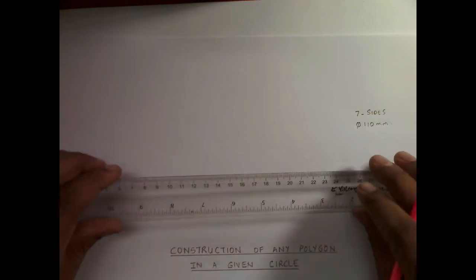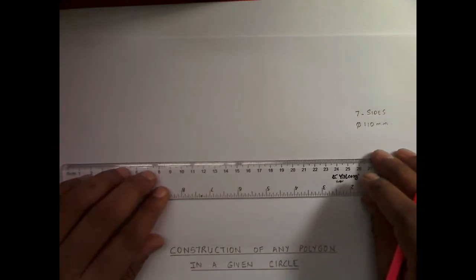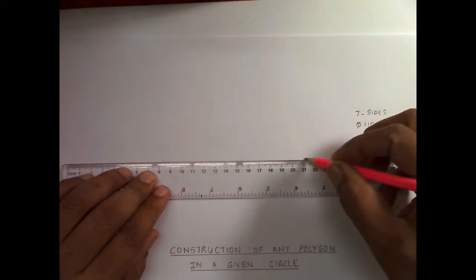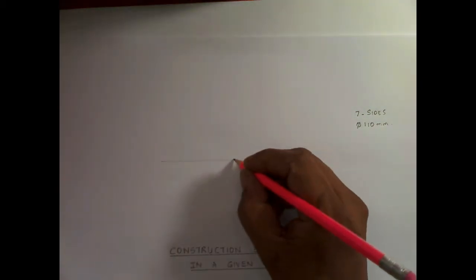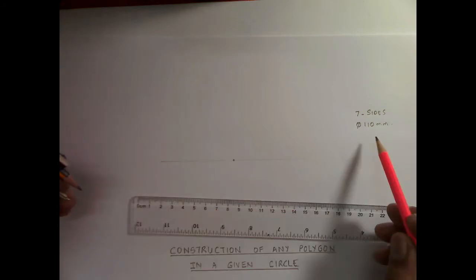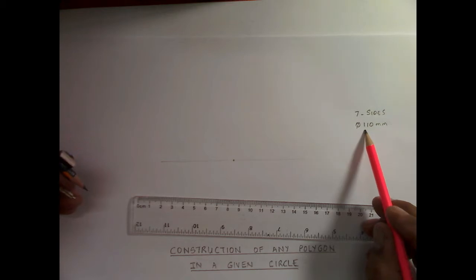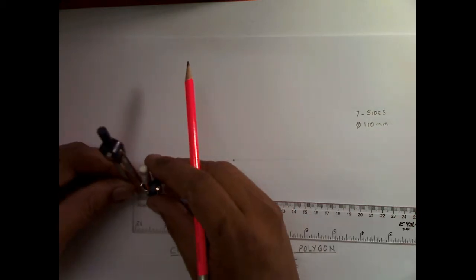You start by drawing a line in the center of the paper. Establish the center point of the circle. Open your compass now to the radius of the circle. For this circle, the radius would be 55, which is half of the diameter.